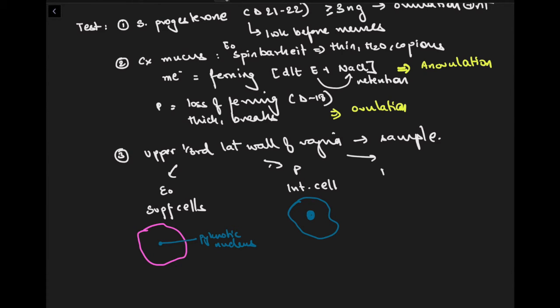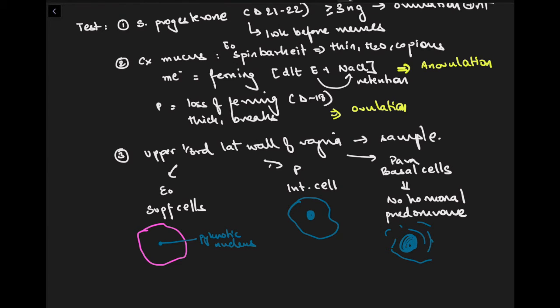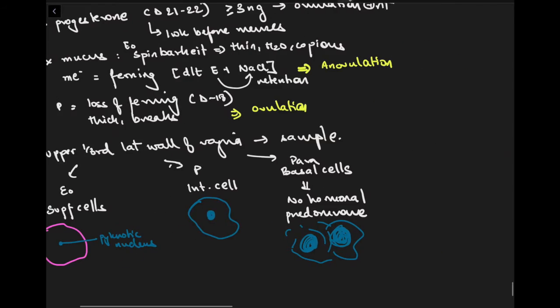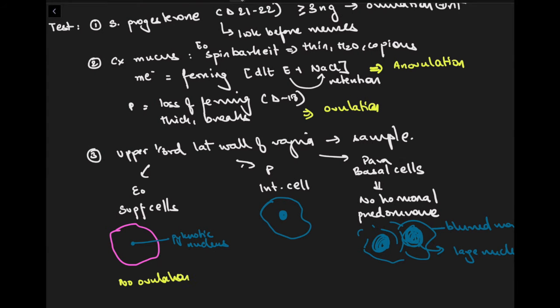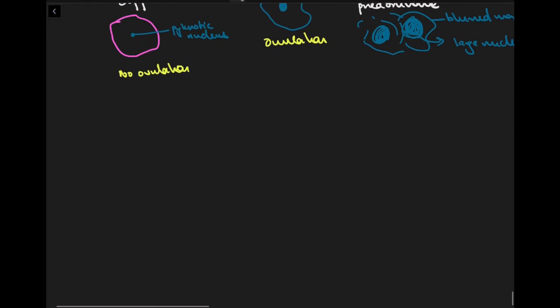If there is no hormonal influence, there will be presence of parabasal cells. Here, the cell will be having a large nucleus with blurred margins, right? So these type of cells are seen either in a prepubertal female or in a postmenopausal female. No ovulation is seen with estrogen, while ovulation is seen with progesterone.